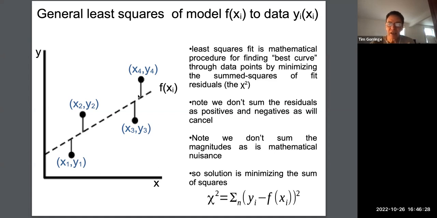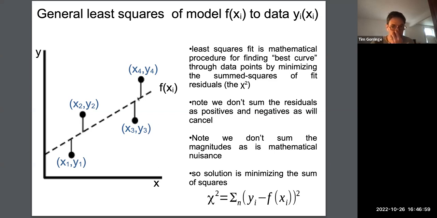And in a least squares fit, what we do is we compute the residuals between each data point and the function. For point number one, the residual is this vertical line here, the distance between function and data point. For point number two, the residual is this line here, the distance between data point and function, and so on and so forth.